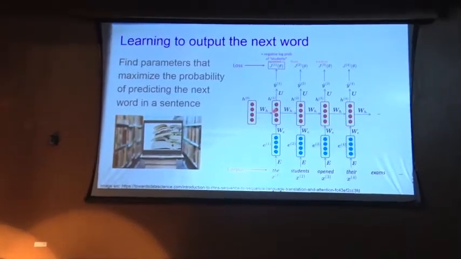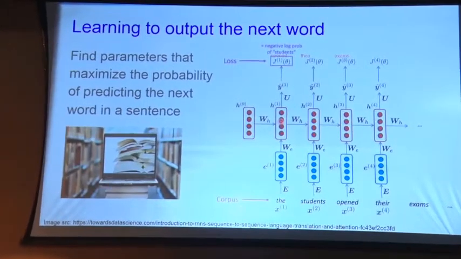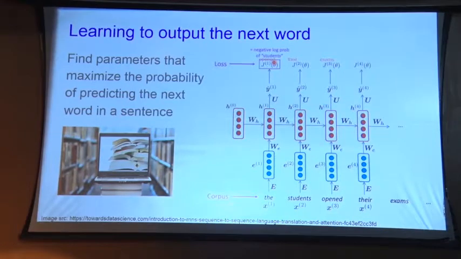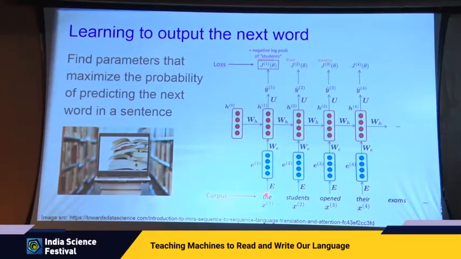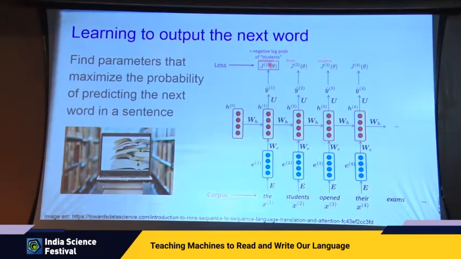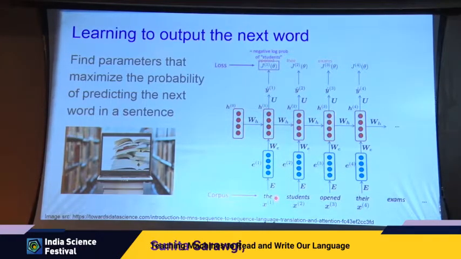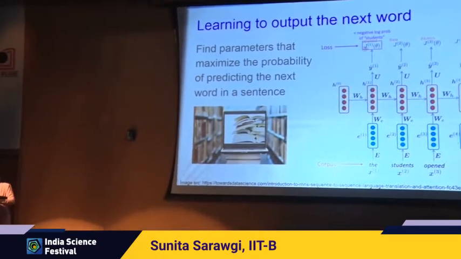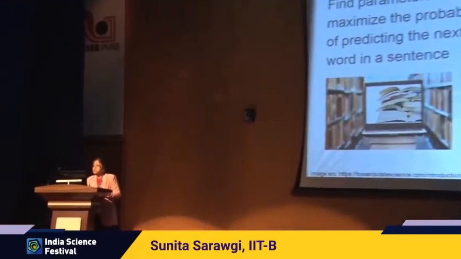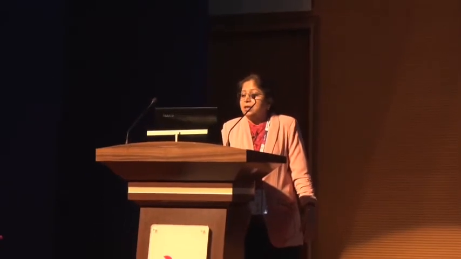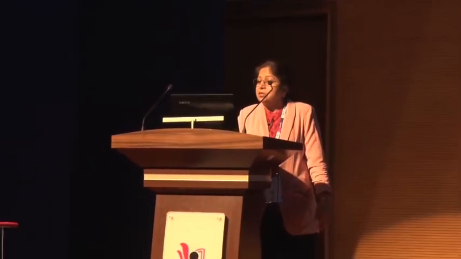Now, we are going to use each state of this RNN to generate the next word. So, after seeing the word the, I would like to generate the next word, which is students. After seeing students, I would like to generate the next word, which is opened. I am sorry that these words have been shifted here on the head, but you get the idea, and so on and so forth. And again, the machine learns the parameters of these RNNs.